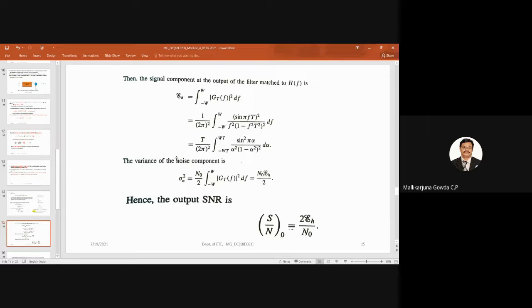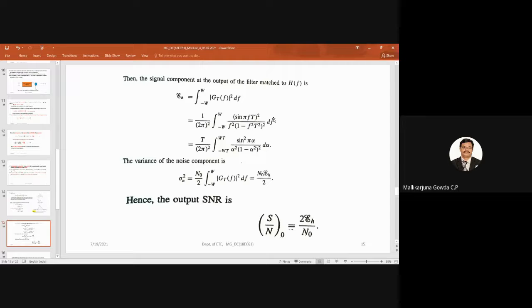Then we are finding the variance, and we found the variance as N0 EH by 2. Then the output SNR, that is the SNR at the output of the matched filter. I was telling you in the previous example, you can make a note of that. After simplification, it will be 2EH by N0.